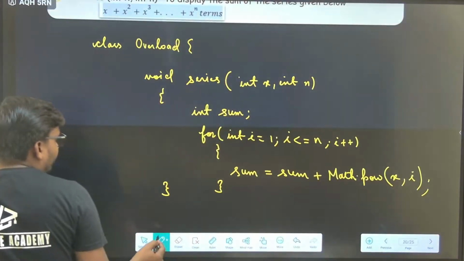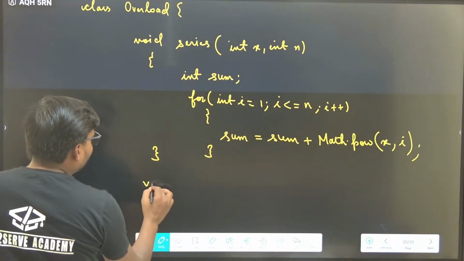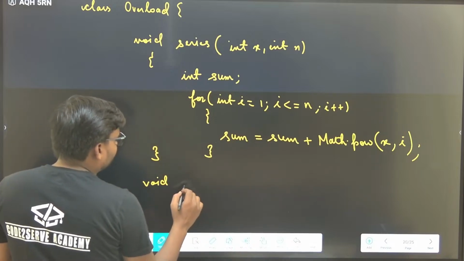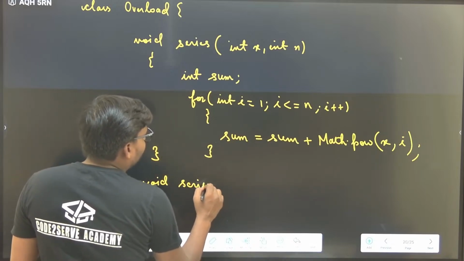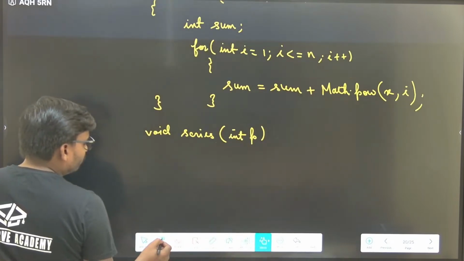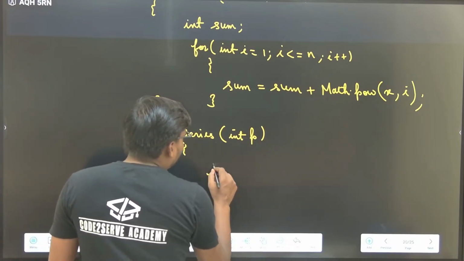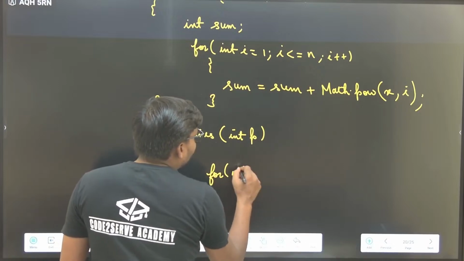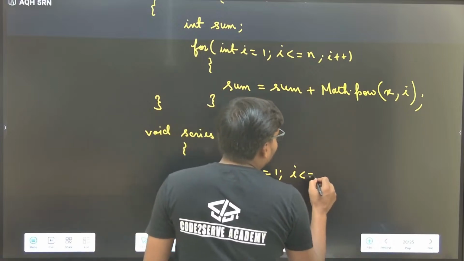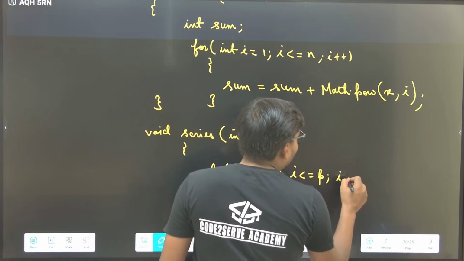Okay, so here you will write void series, and in this you will receive int p, and in this case what you are going to do, you are going to start a loop for int I is equals to 1, I less than equal to p, I plus plus.